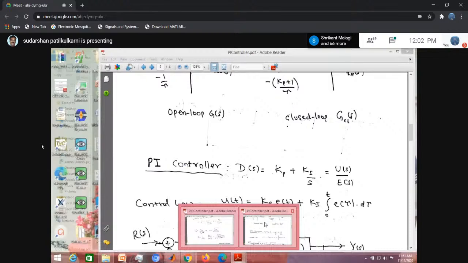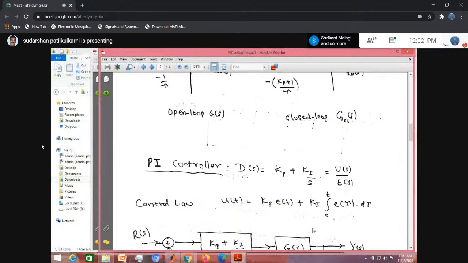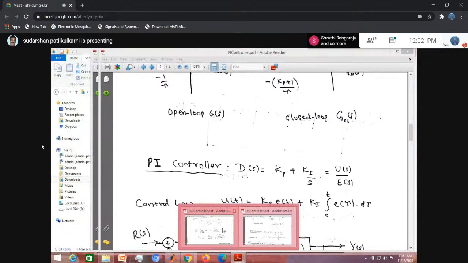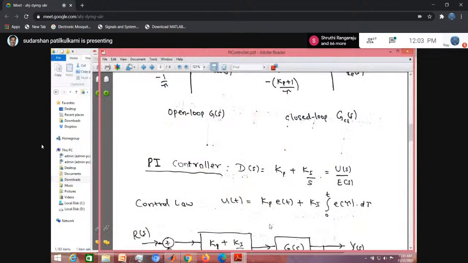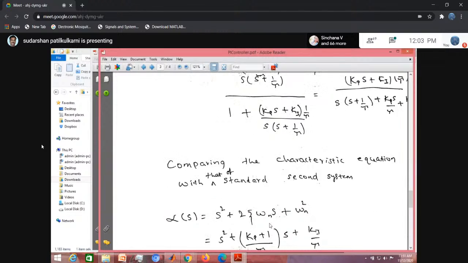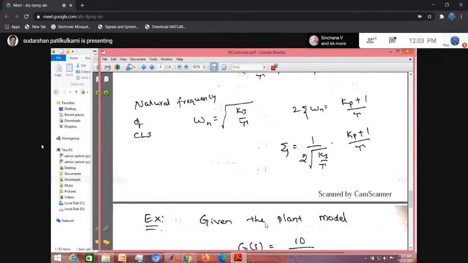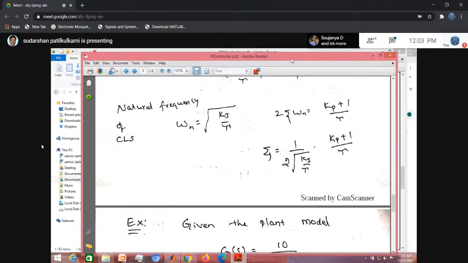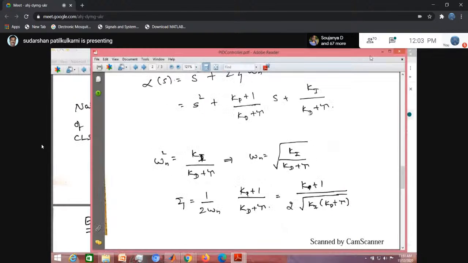In the PID controller, if Kd is equal to 0, it becomes a PI controller. So I will just show you the comparison. This is for the PI controller and this is for the PD controller.